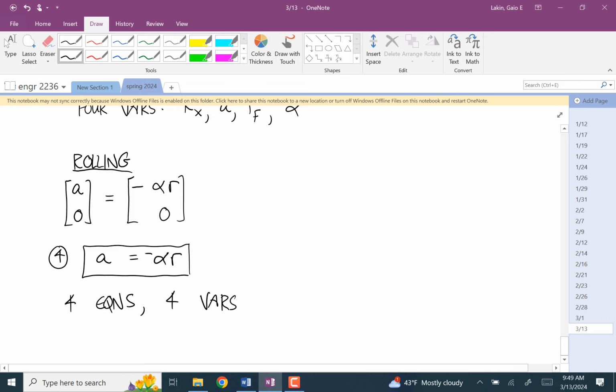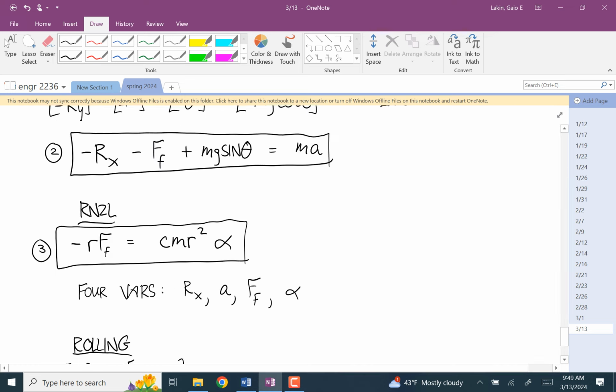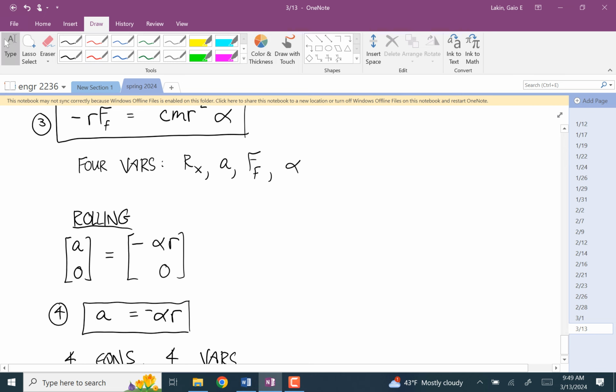Can you remind me what c is? Oh, yeah. Remember that for a disk, we have 1/2 mr squared. For a sphere, we have 2/5 mr squared.